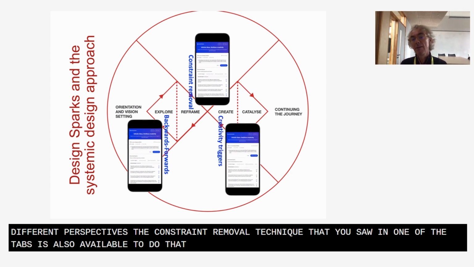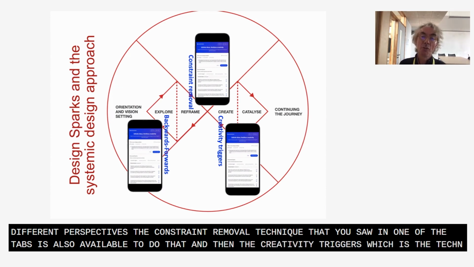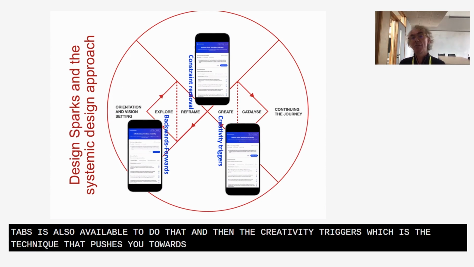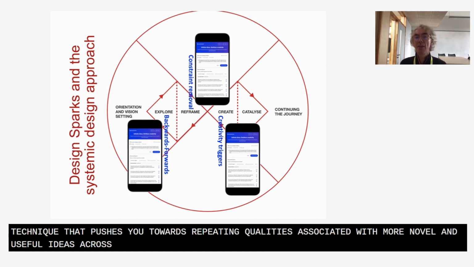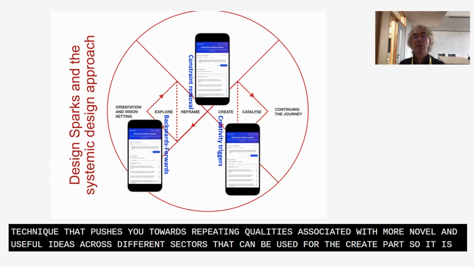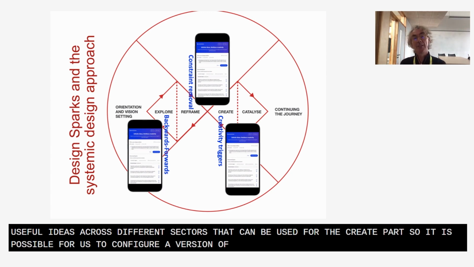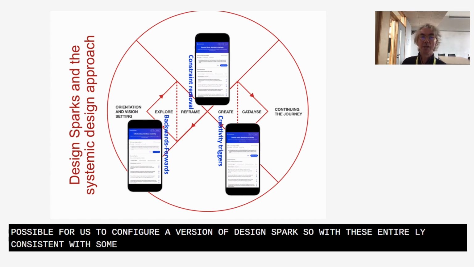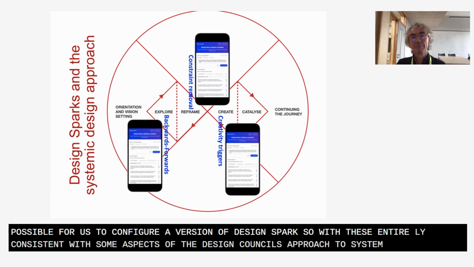And then the creativity triggers, which is the technique that pushes you towards repeating qualities associated with more novel and useful ideas across different sectors, could be used for the create part. So it is possible for us to configure a version of Design Sparks so it is entirely consistent with some aspects of the Design Council's approach to systemic design.